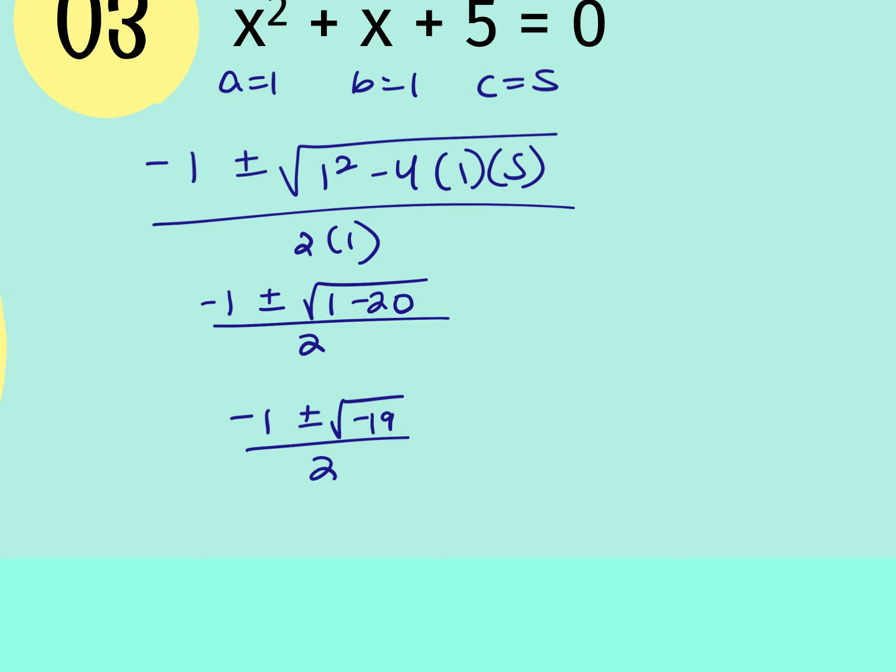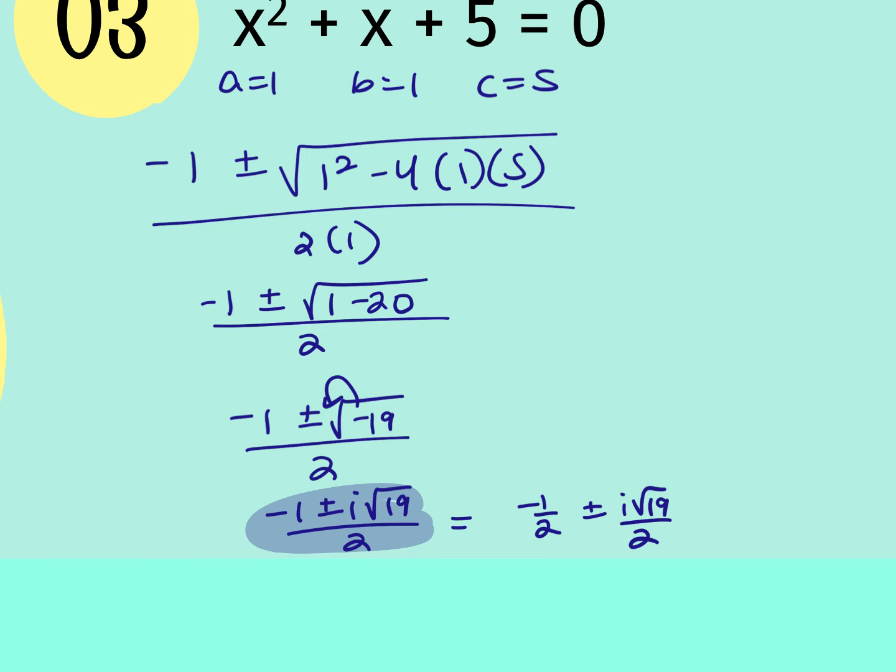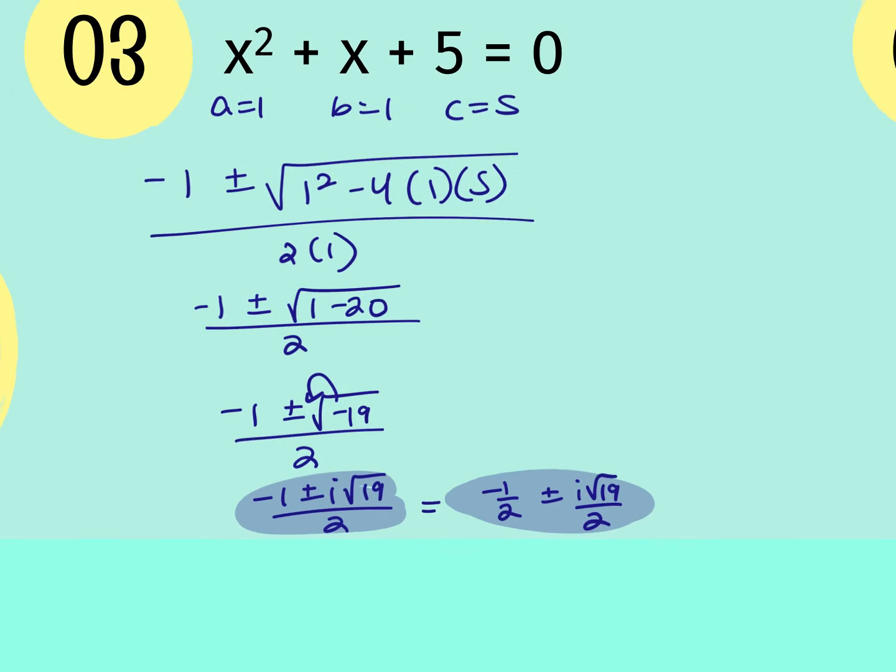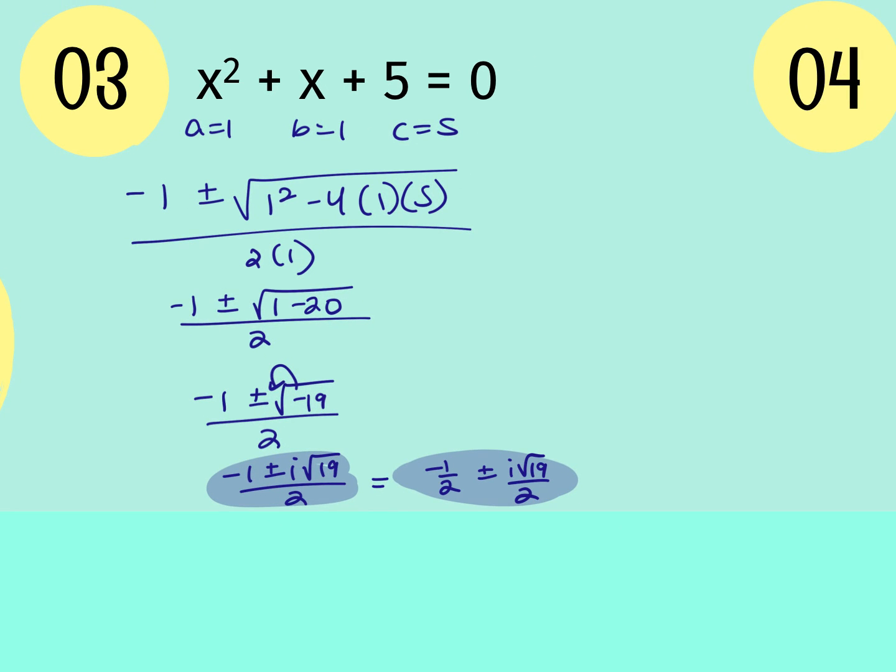And the 19 does not break down, but you have to bring the i out. And again, you could split it or keep it together. Either of those are right. Questions on that one?